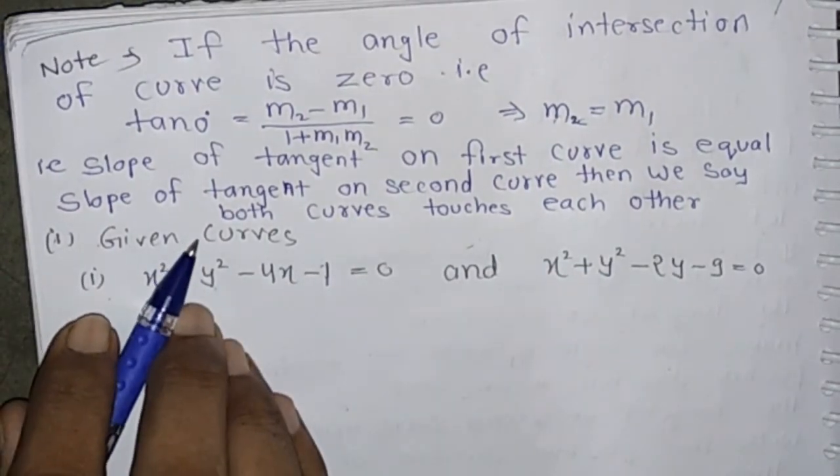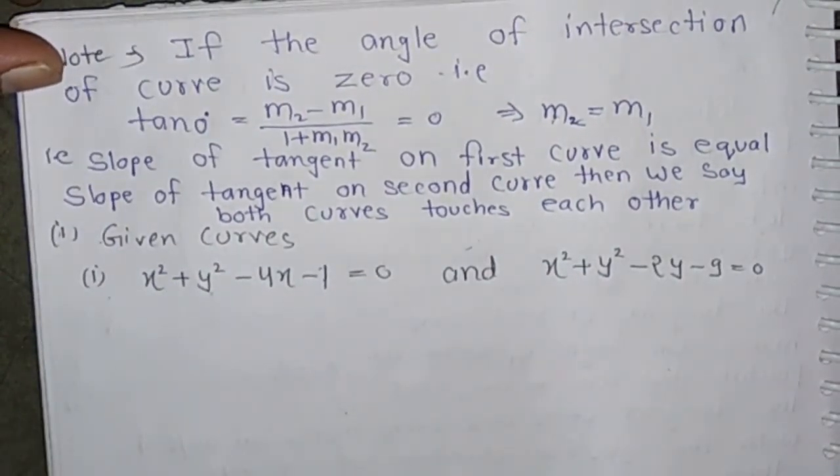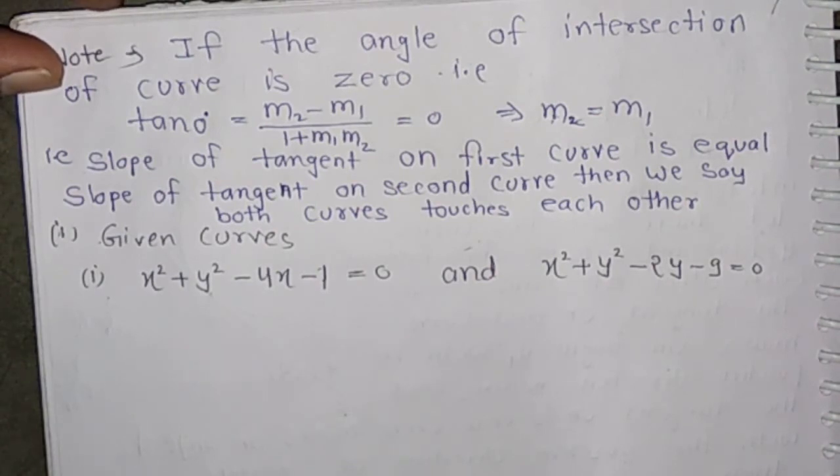Means if the slope of tangent on first curve is equal to the slope of tangent on second curve at their point of intersection, then both curves touch each other.